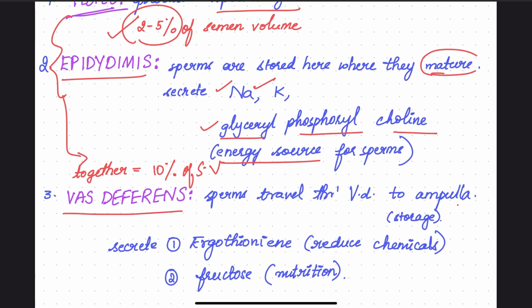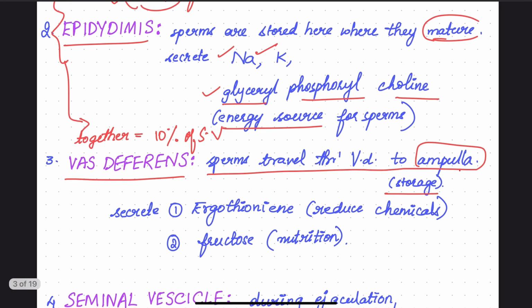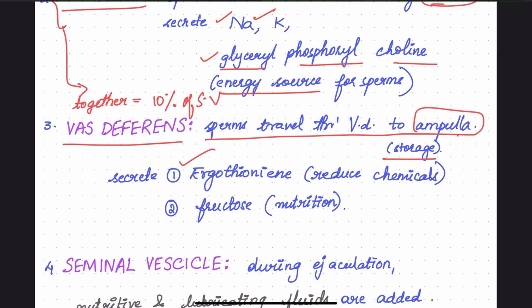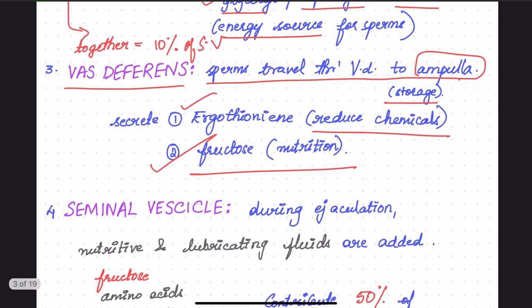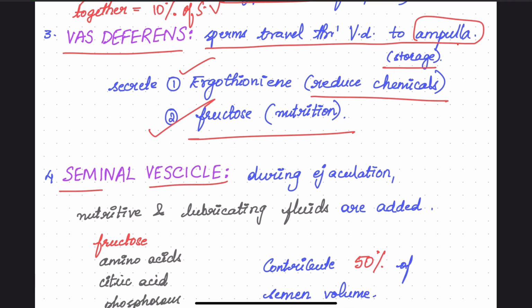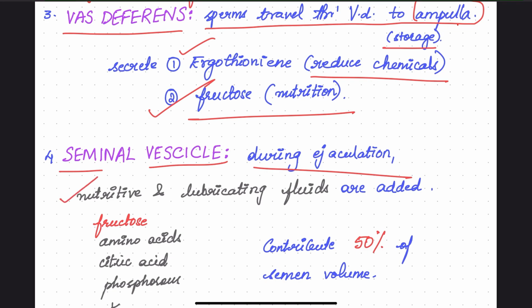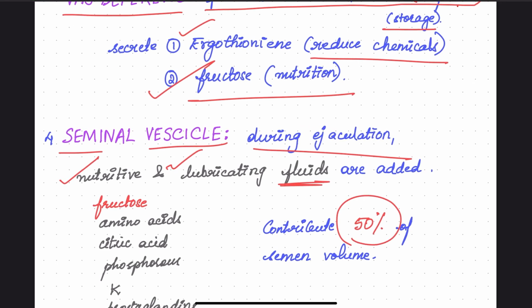Thirdly, vas deferens, the tubular structures which carry the sperms. Sperms travel through vas deferens to ampulla, which acts as another storage area. The vas deferens secretes ergothioneine, which reduces chemicals in the semen, and fructose, which gives nutrition to sperms. Seminal vesicle, during ejaculation, secretes nutritive and lubricating fluids that are added to the semen and contribute to 50% of the semen volume.